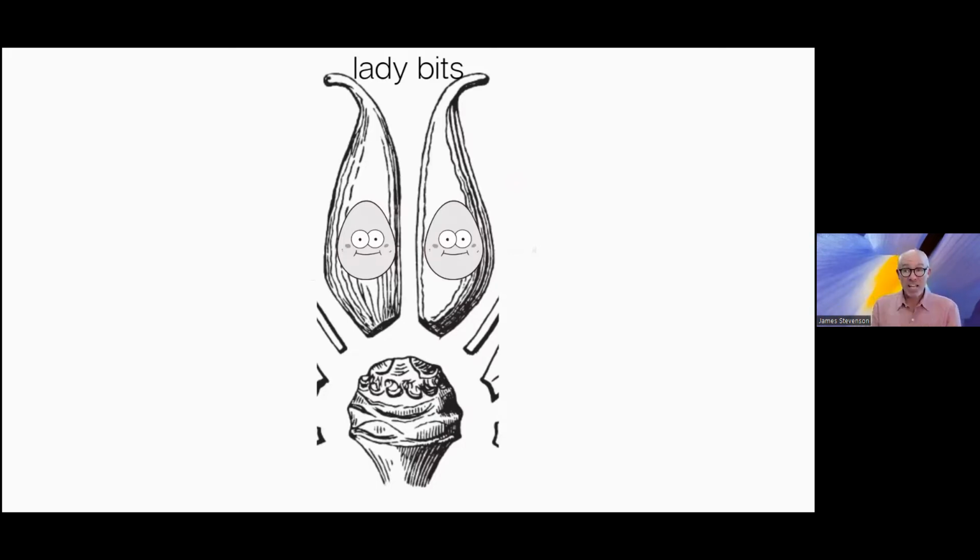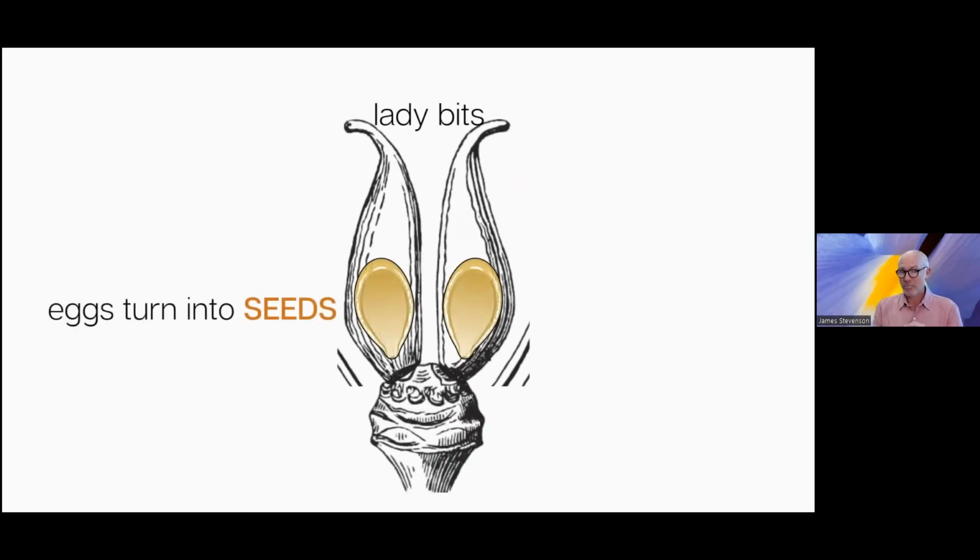Ovary contains egg. After pollination, fertilization of that egg happens. That's the purpose, the point of pollination, is to get the sperm down to the eggs. And once an embryo is formed, the seed develops. So the eggs inside the ovary become seeds.